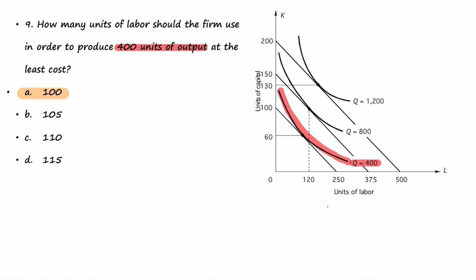In order to do that, we need to find out where this point actually is. We know that they're going to be using 60 units of capital. So we need to figure out their equation.